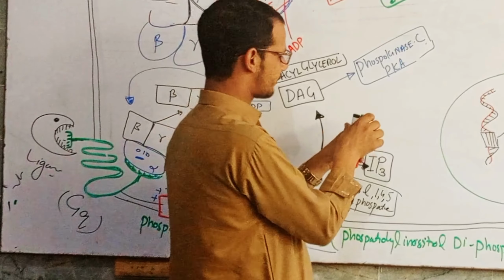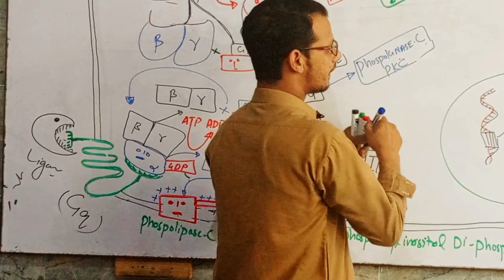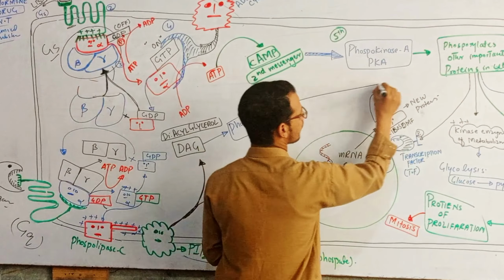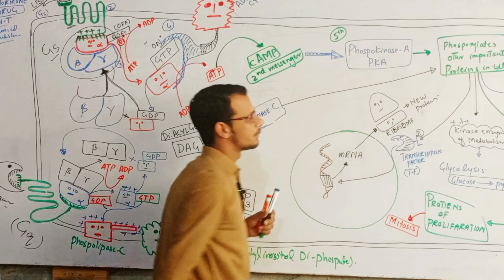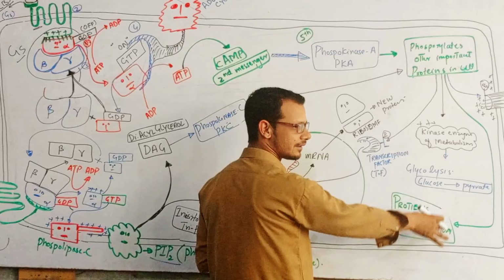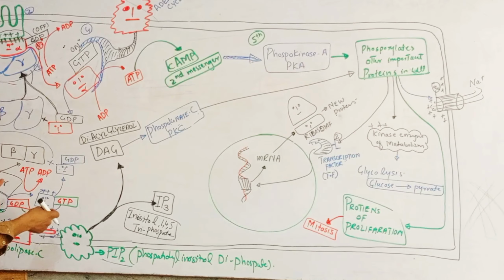So the first function of this PKC is that it activates different types of protein kinases, and these protein kinases will activate all these functions, but this pathway is different, right?